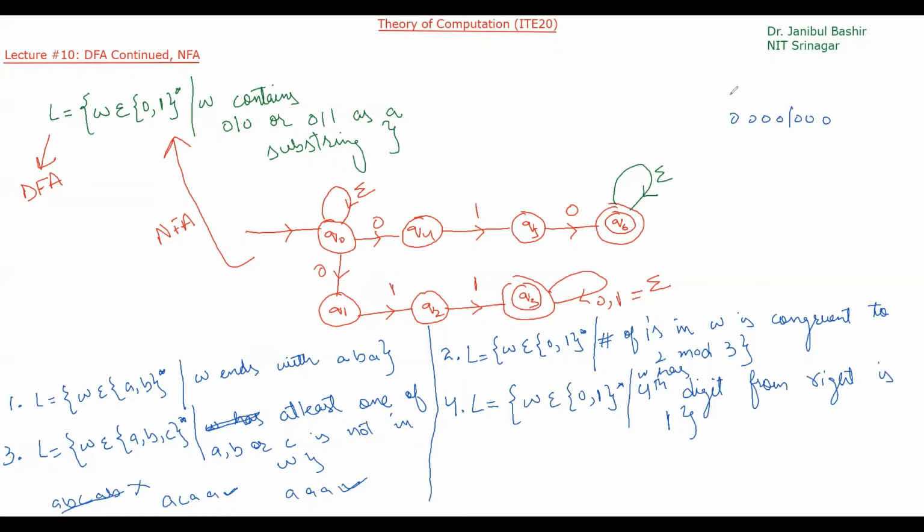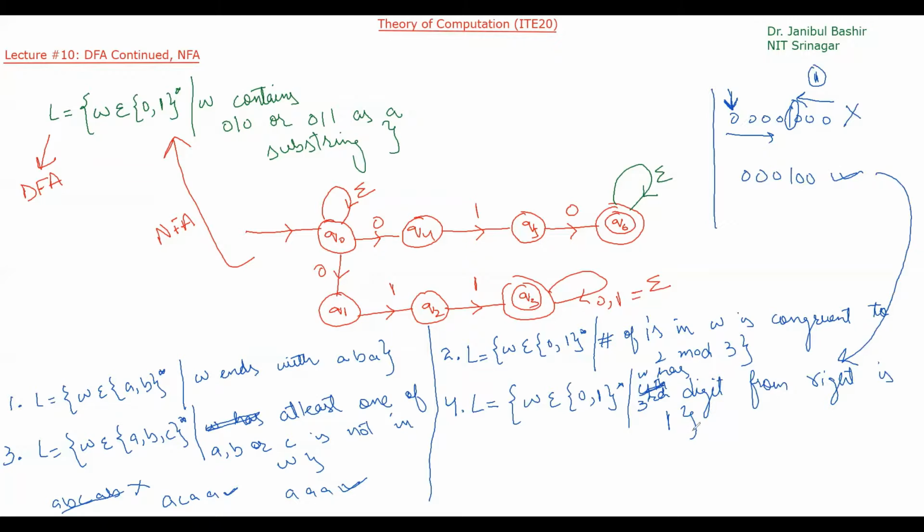We always process from this point, this particular point, and then go here. Here we are saying it should accept those strings where the fourth digit from right should be 1. Instead of the fourth digit, let's say the third. Then this string should not be accepted, and this particular string should be accepted. So this is the example.